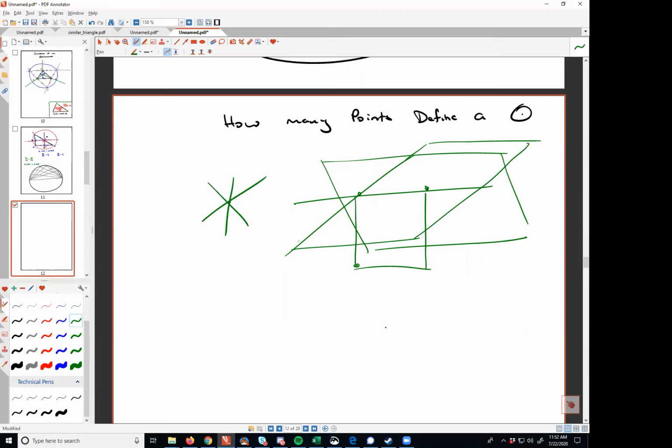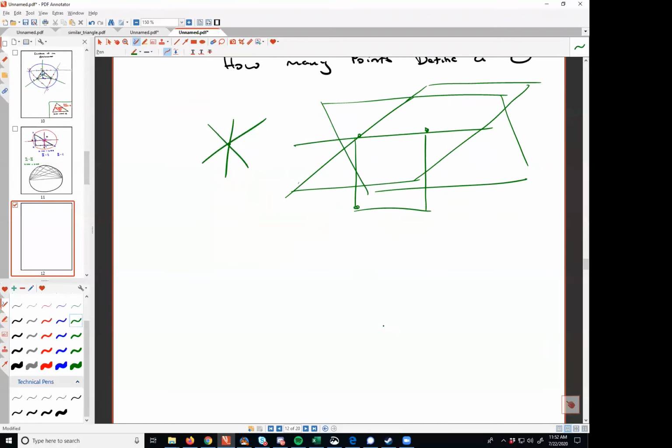So 2 points define a line in a plane, 3 points define a plane in space. When I say define, I mean that there is one and only one figure that satisfies that information.